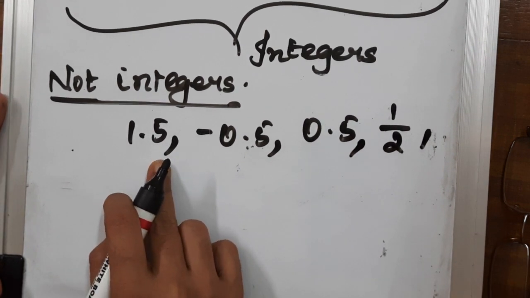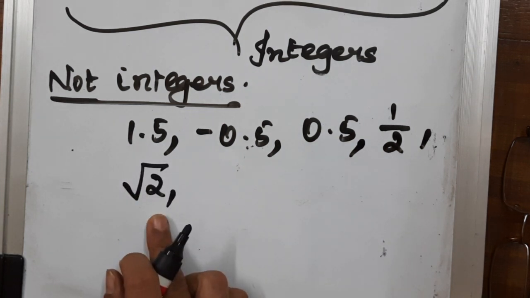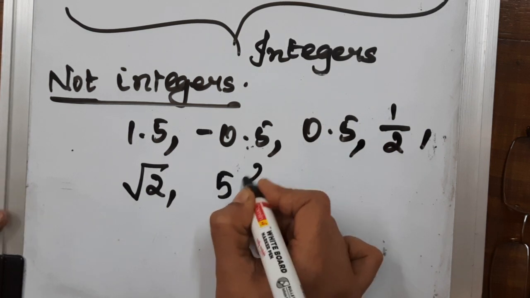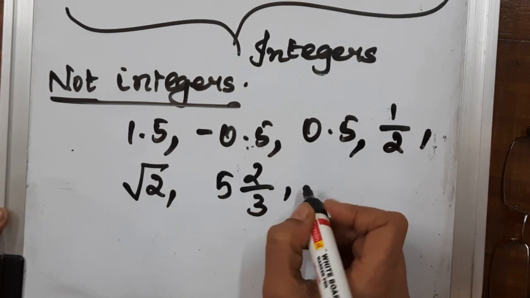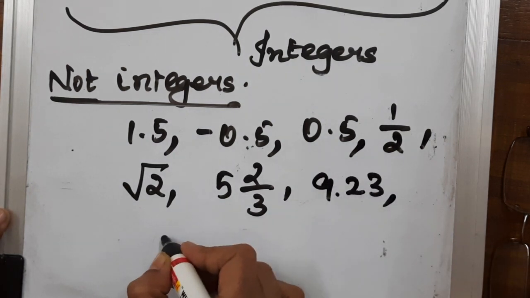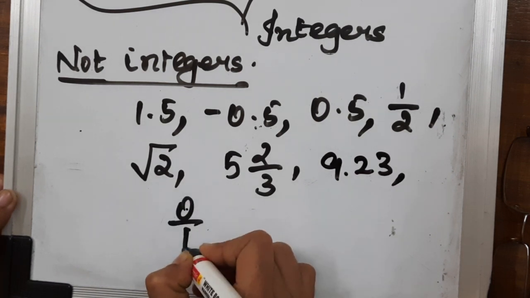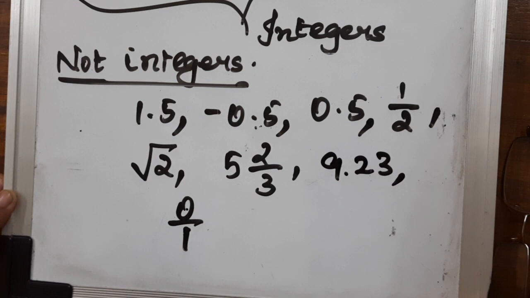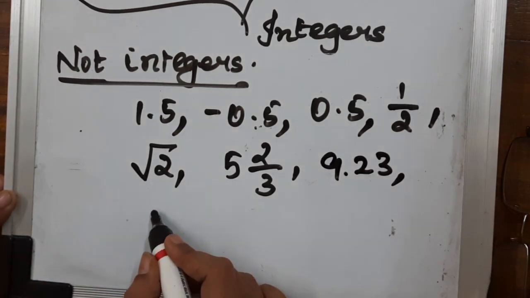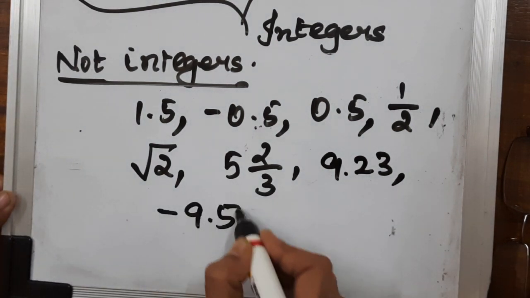Root 2 is not an integer. Also the mixed fraction 5 2 by 3 is not an integer. 9.23 is not an integer. 0 by 1, we cannot say this. This is neutral. Minus 9.5 is not an integer.